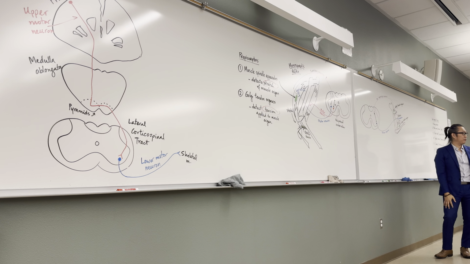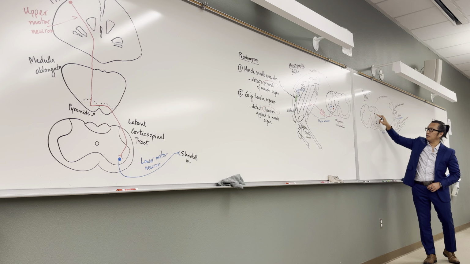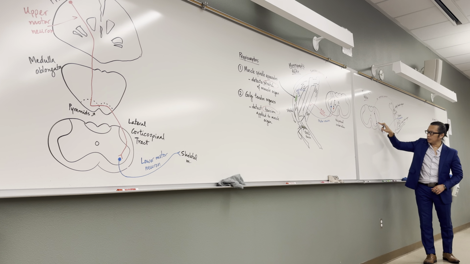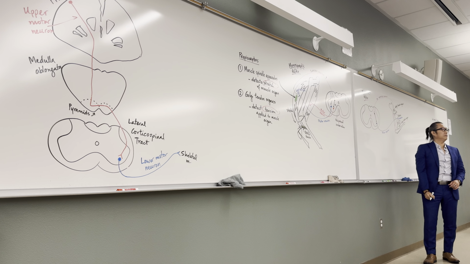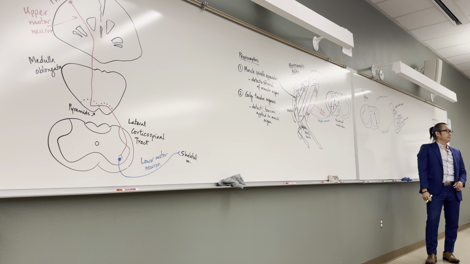So we call this a polysynaptic reflex, because there are two synapses that occur. One is between the sensory neuron and the interneuron, and the second is between the interneuron and a motor neuron. Hence, it's more than one. That's what we call polysynaptic.